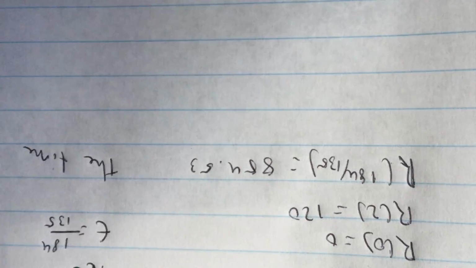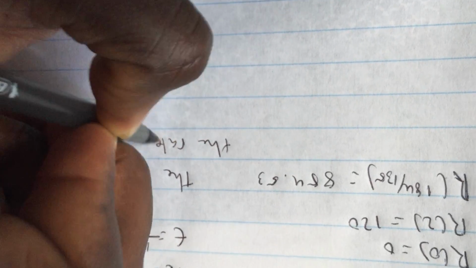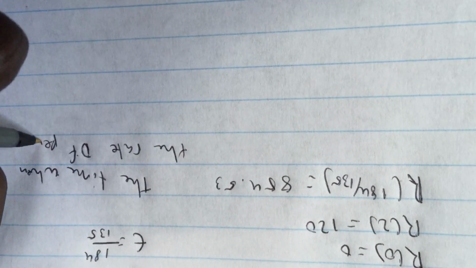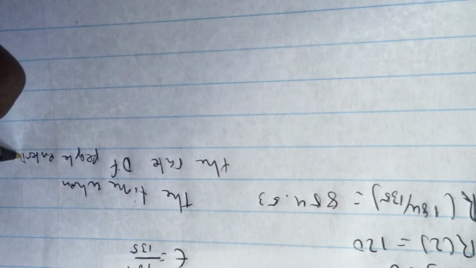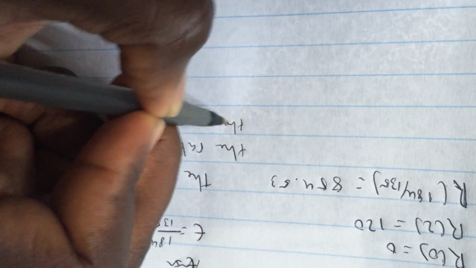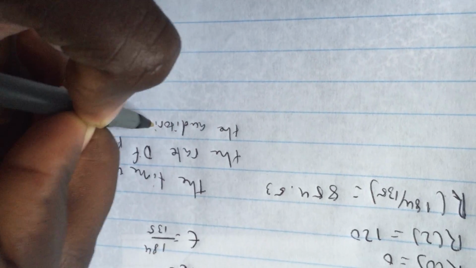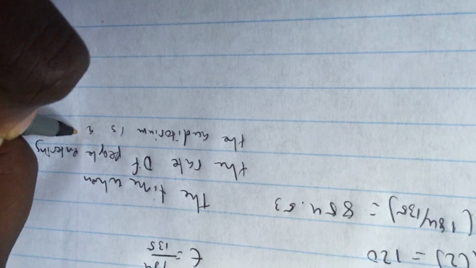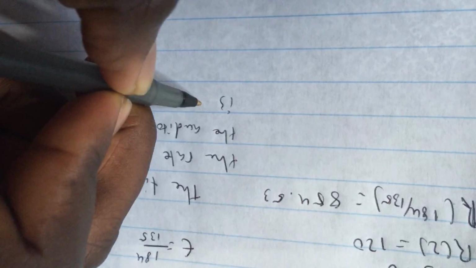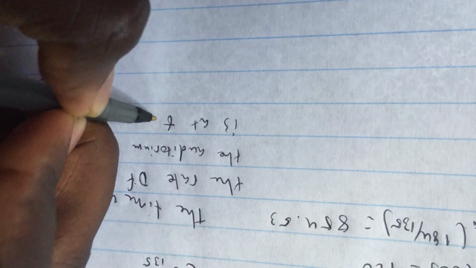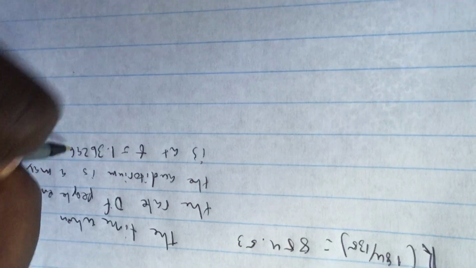So let me write this down. The time when the rate of people entering is a max is at time t equals 1.36296, which is 184 over 135.